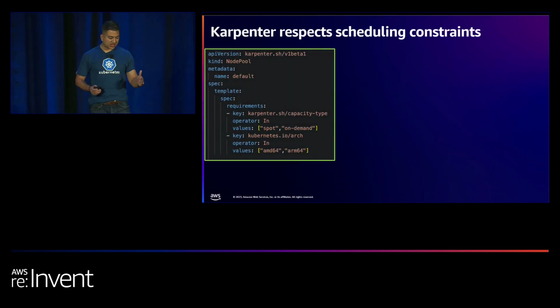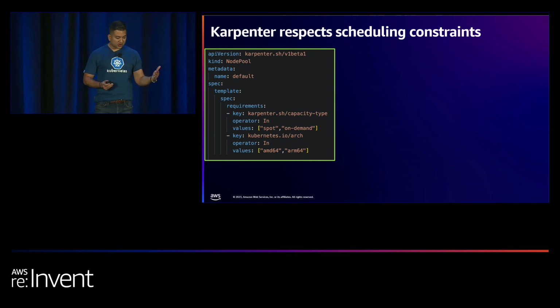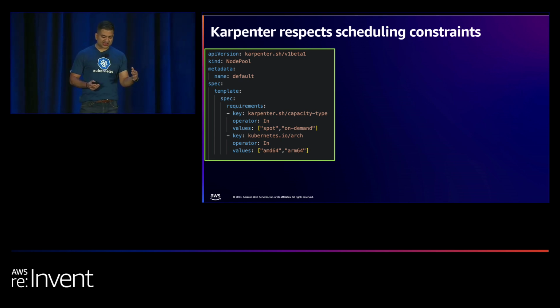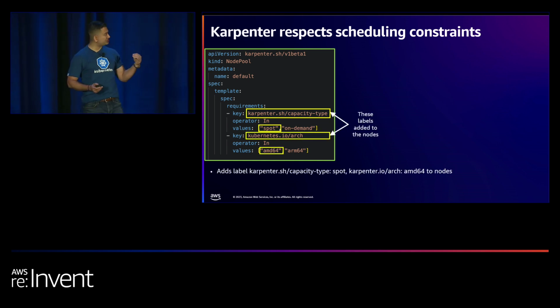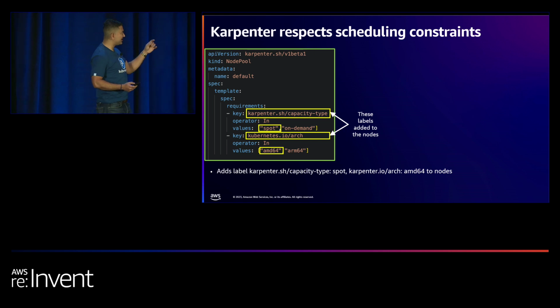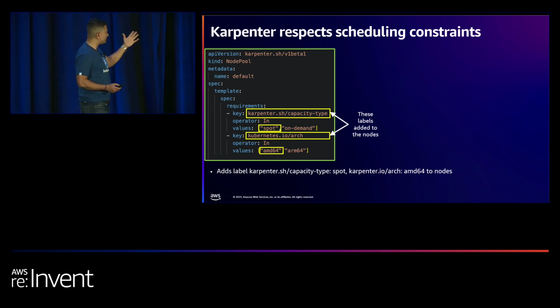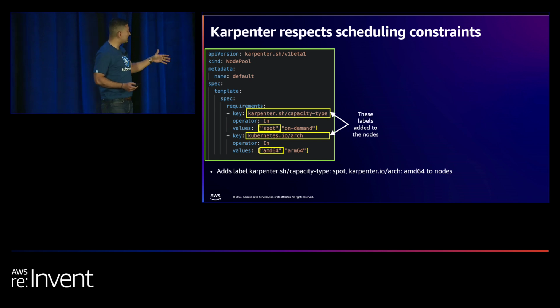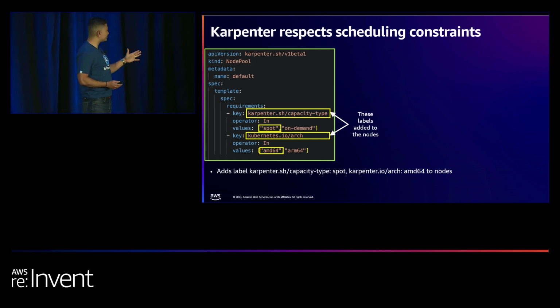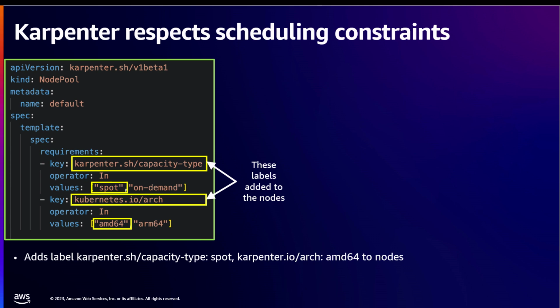On the left, we have a node pool, and this node pool is saying any EC2 instance that this node pool provisions either has to be spot or on demand, or x86 or Graviton. And any nodes that this node pool provisions, these labels will be added. So if this node pool provisions a spot and AMD64, it will add the label karpenter.sh/capacity-type spot and karpenter.io/architecture AMD64 to those nodes.